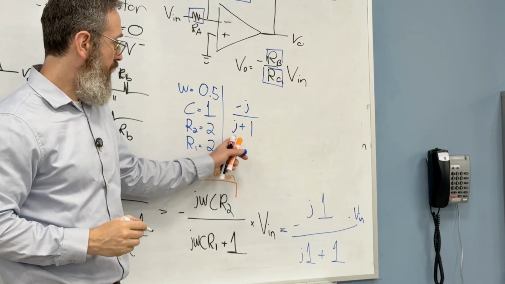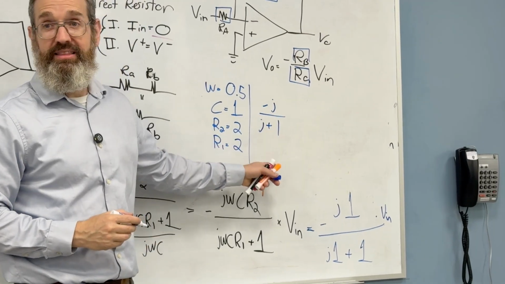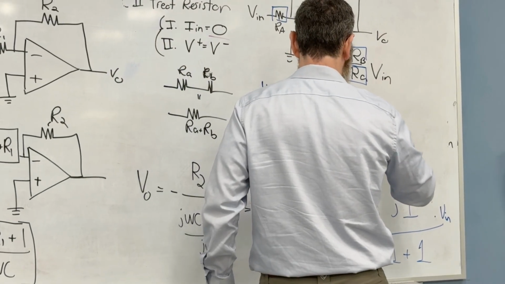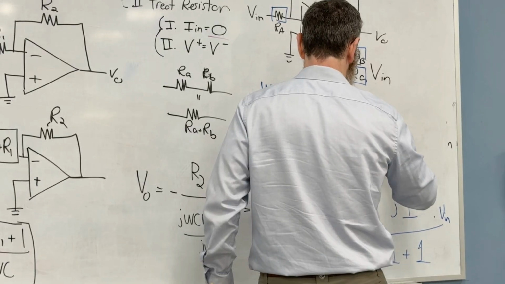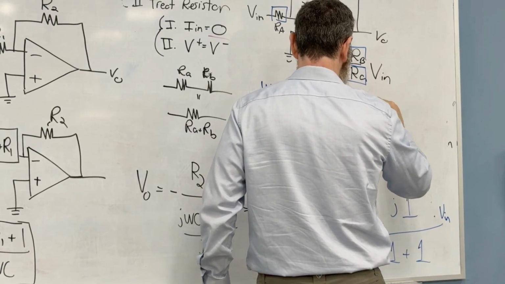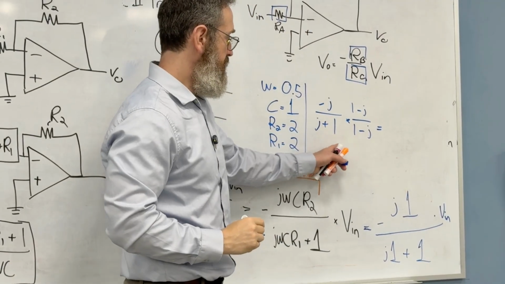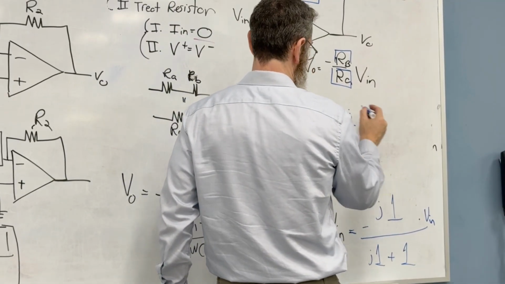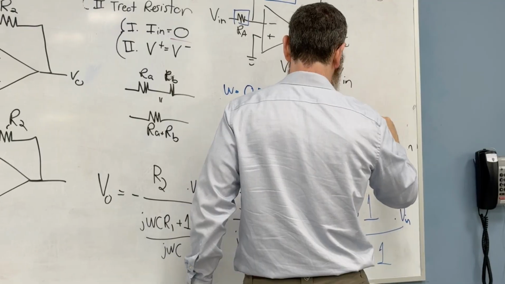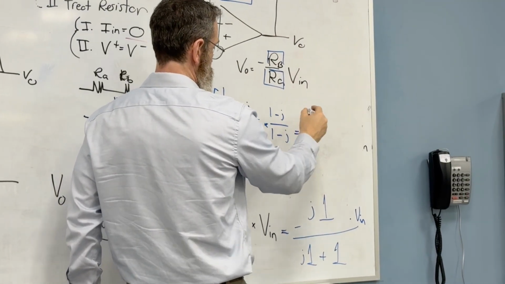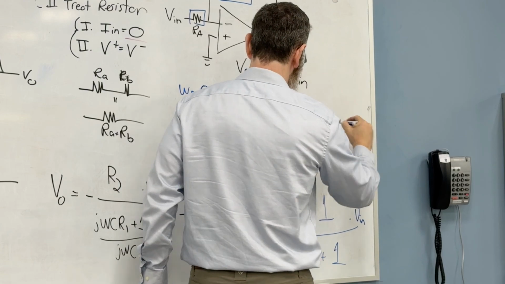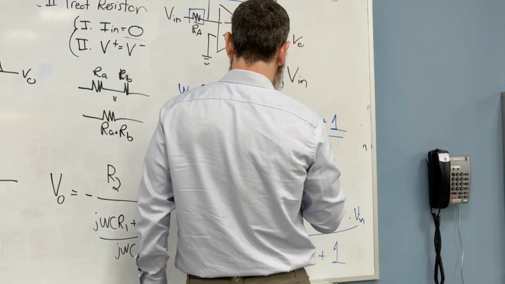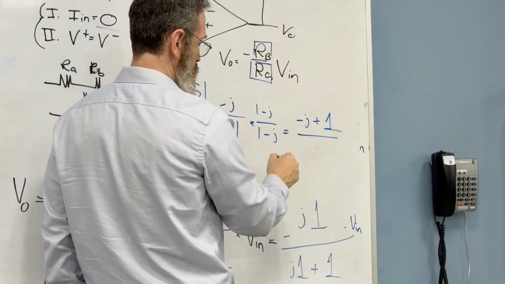Now, we have a standard way to get this into that a plus bj form. So I'm just going to multiply this times 1 minus j over 1 minus j, because this is going to be the complex conjugate. All right? And so we're going to get minus, I have to do this right, minus j times 1 is minus j. And then minus j times minus j is going to be plus 1. I did that right. All over, it's going to be 1 squared plus j squared.